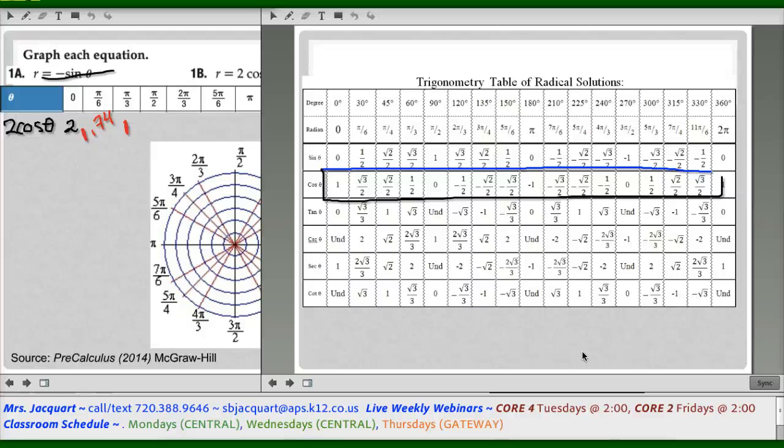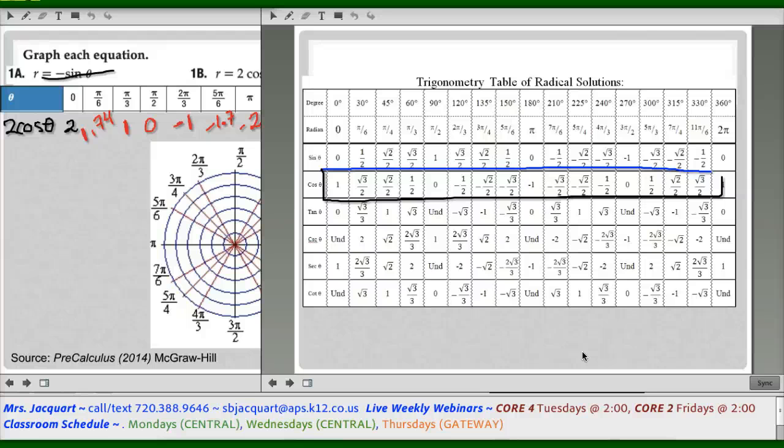We're going to get 0. We're going to get -1. Going to get -1.7. And at pi, it is -2. 7 pi/6 will be -1.7, then -1.